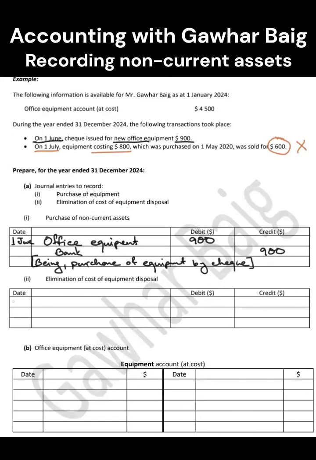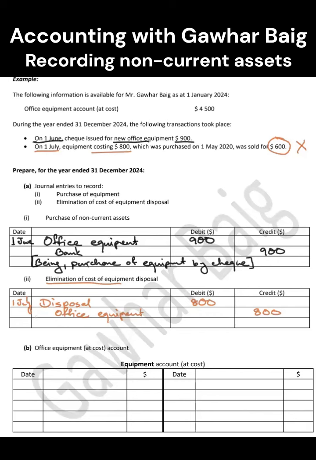So let's write it here. 1st July. Disposal account will be debited by $800 and office equipment account will be credited by $800. So this is basically the elimination of cost of an equipment.